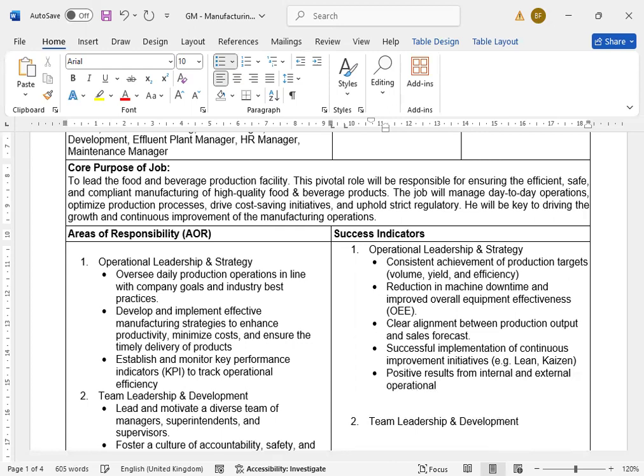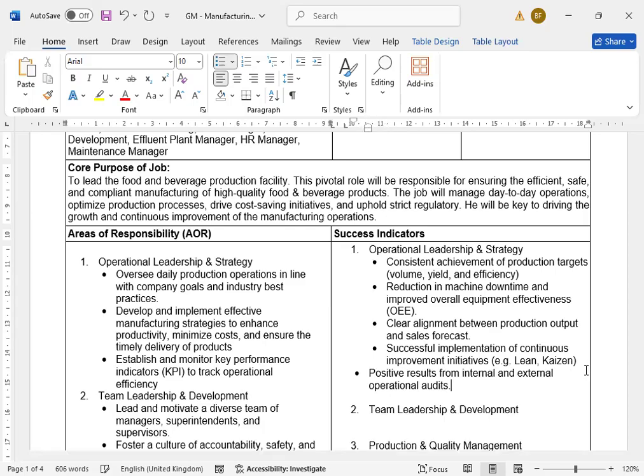Especially when you're talking about regulatory audits like ISO, FDA, whatever. Okay, audits. I think that would be enough.